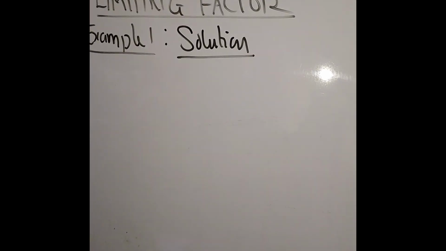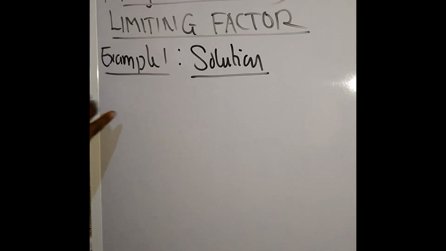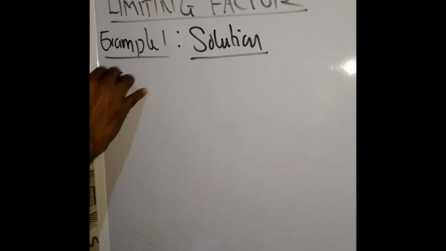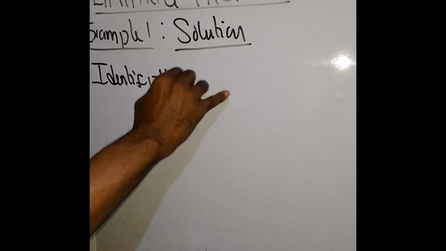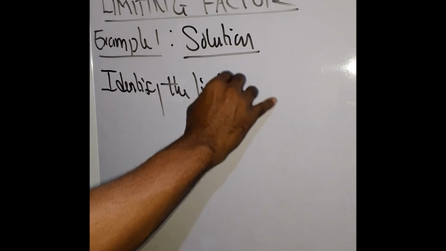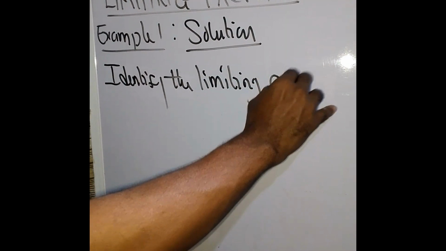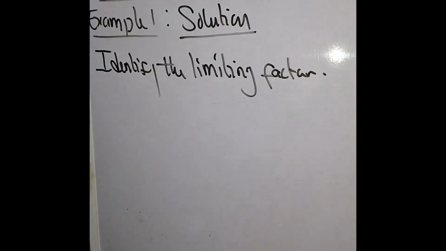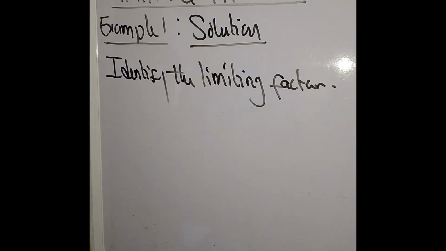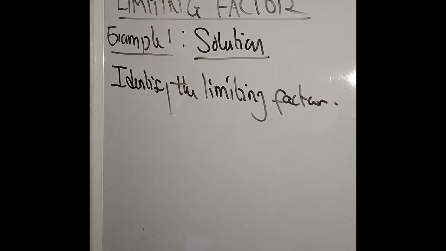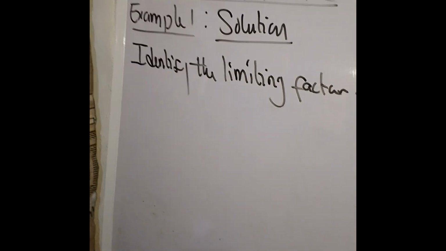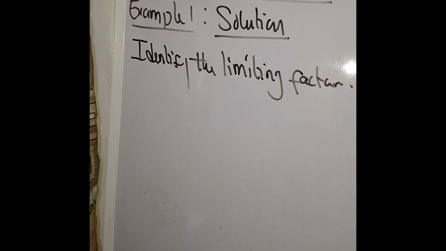So even without them telling you, the first thing to do is to identify the limiting factor. How do we identify the limiting factor? We identify the limiting factor by comparing the demand and the available resources.